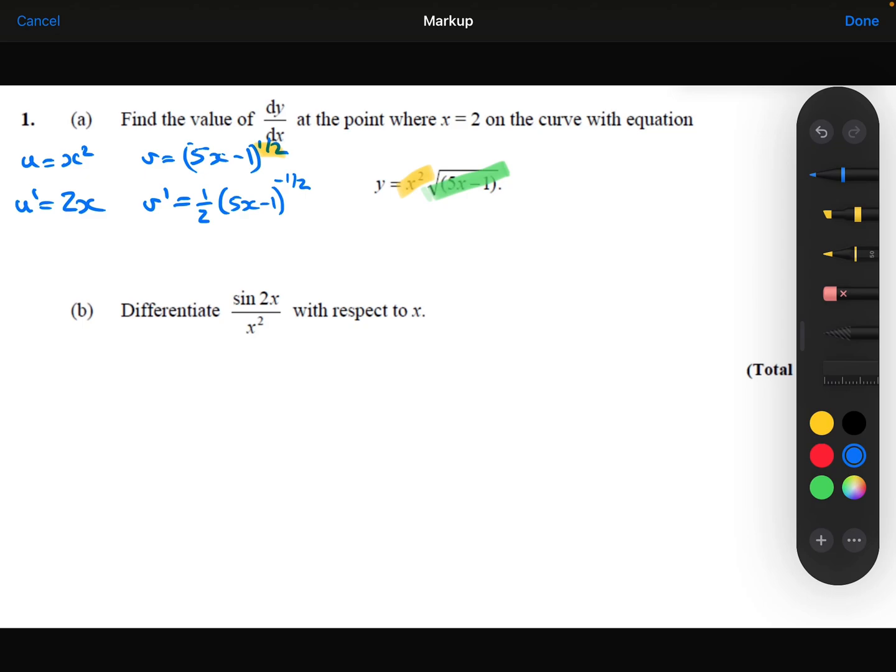So 1/2, take away 1 is minus 1/2. And then, like I said, using the chain rule, I need to multiply by the derivative of the inside function, which is 5. Which would then simplify, the 1/2 times the 5 is 5 over 2. So I can actually just simplify this to be 5 over 2 at the front there.